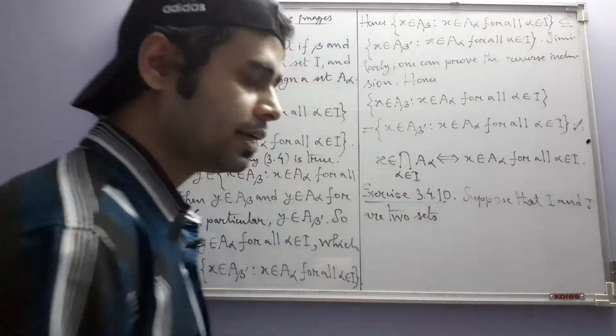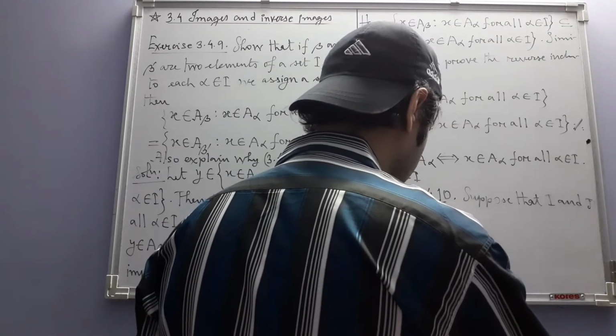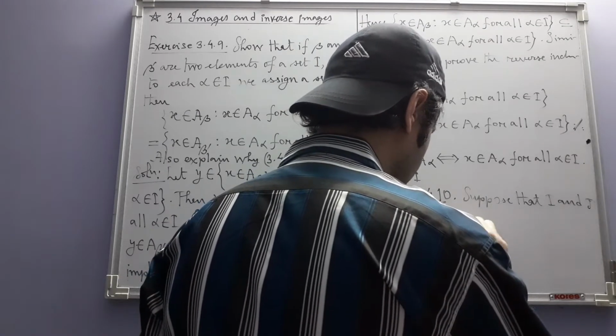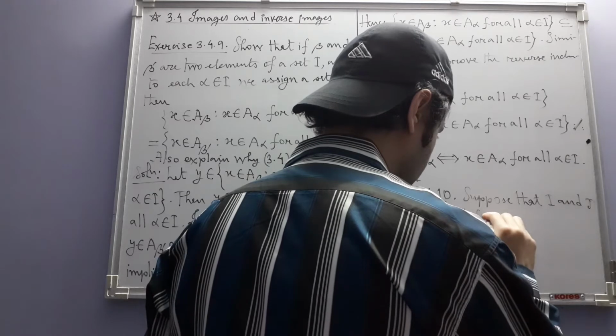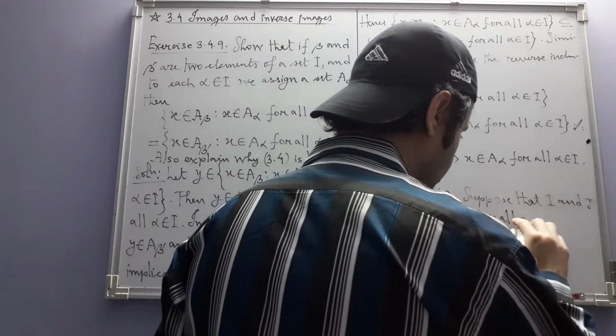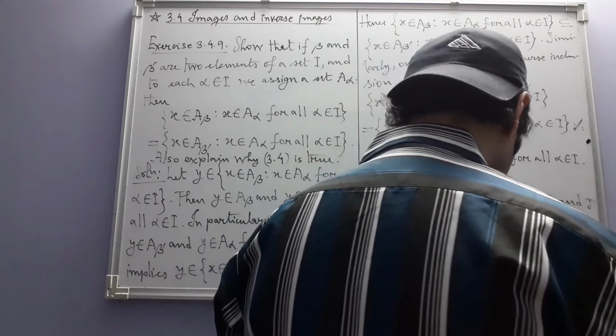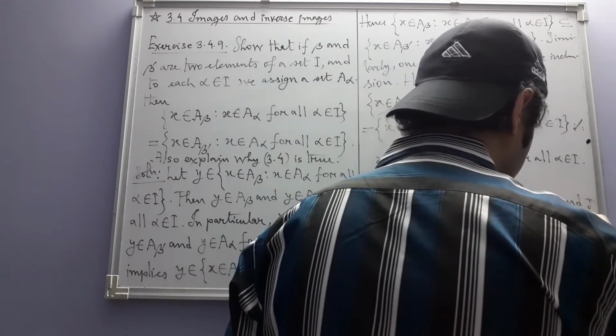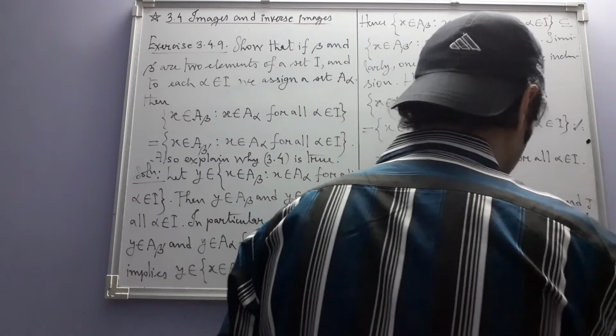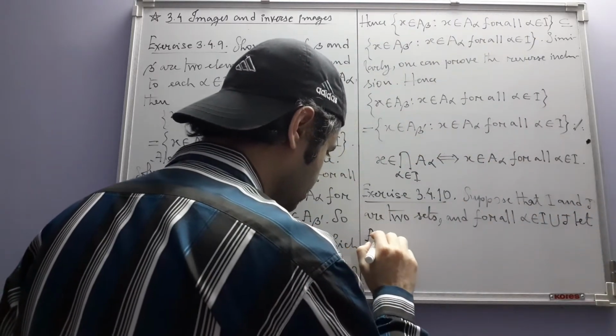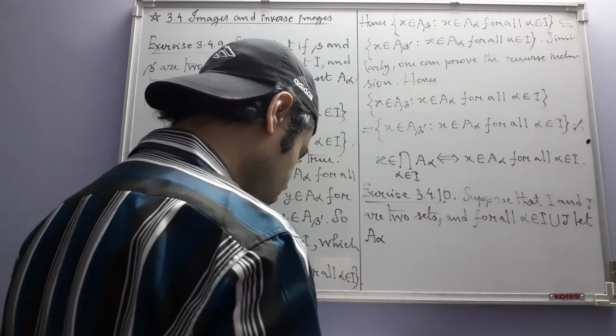So two index sets, and for all alpha belonging to I union J, let A alpha be a set.